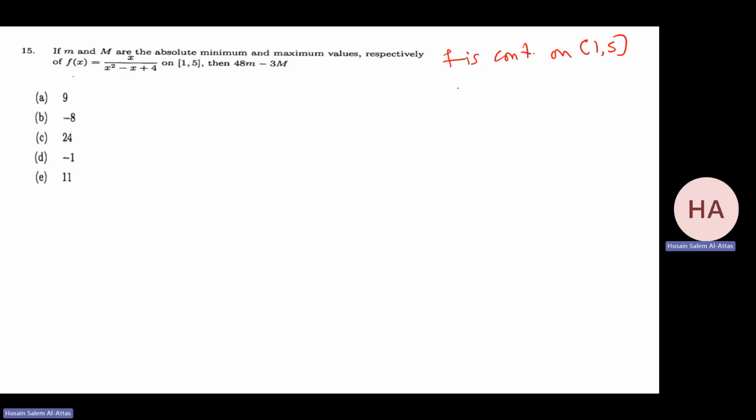For the same reason, the denominator is x minus half squared plus 15 over 4, which is always positive, so it cannot be 0.